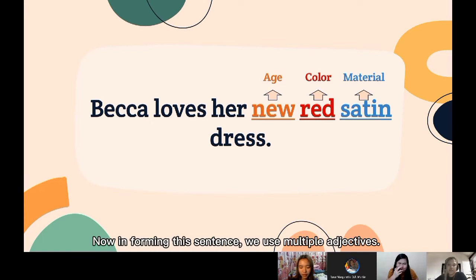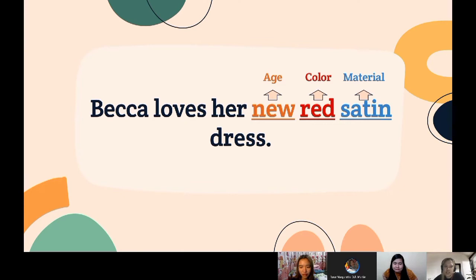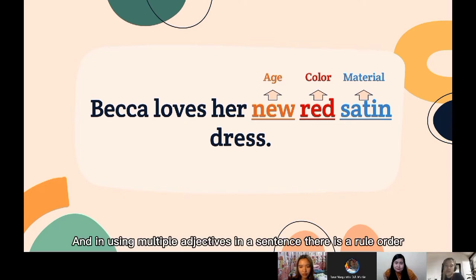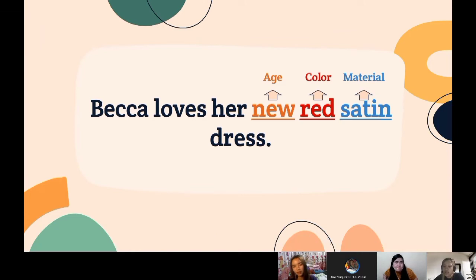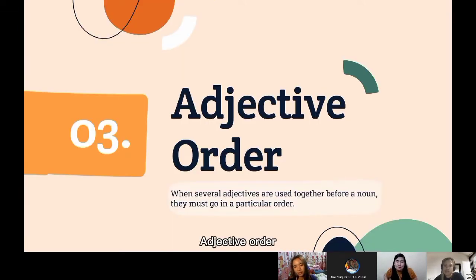Now, in forming this sentence, we use multiple adjectives. And in using multiple adjectives in a sentence, there is a rule order. Adjective order: when several adjectives are used together before a noun, they must go in a particular order.